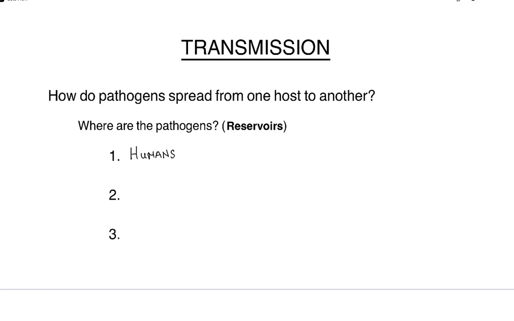One other reservoir group is other animals. There are lots of infectious pathogens that live in other animals and will occasionally, or sometimes often, jump into humans. Examples of diseases that use animals as reservoirs would be the original coronavirus before it jumped into humans.